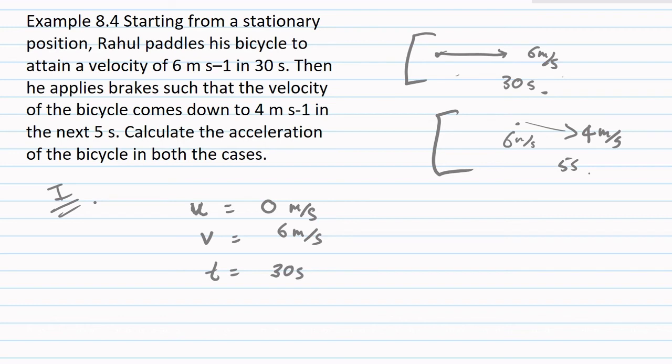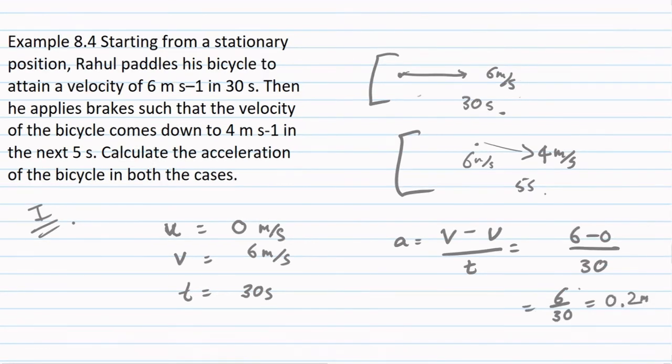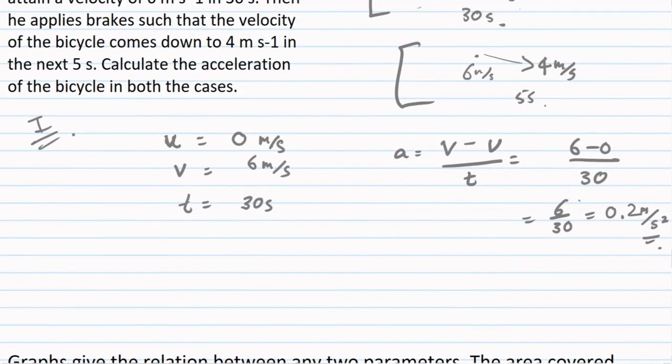So as we saw in the above formula, acceleration is nothing but v minus u by t. So just put it in the formula and you get the answer. 6 minus 0 by 30, that is 6 by 30. 0.2 meters per second square. So you should pay attention to the units. Acceleration, the units are meters per second square. Now let's look at the second case we have over here.